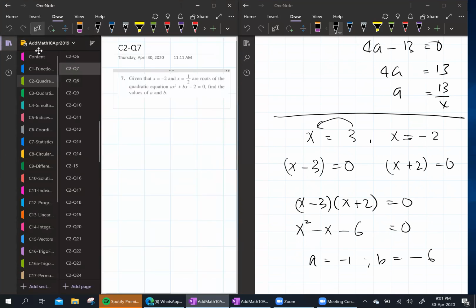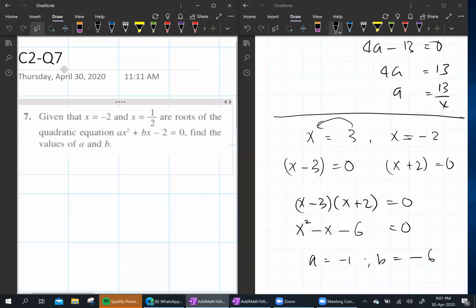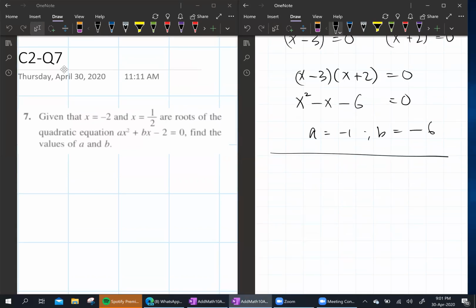Okay, question 7. So again, you've got the roots of x equals to minus 2 and root of x equals to half. I try to do.